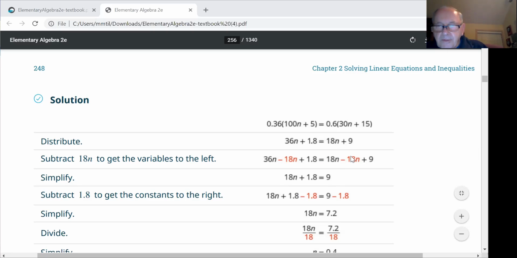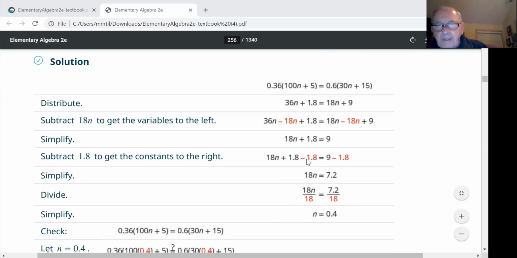On the right-hand side, the variable goes away, and you're going to have plus 9. Now we're not done yet, because we have to get this constant on the left-hand side so we have the variable by itself. So we subtract 1.8 on both sides, and we get 18n is equal to 7.2.